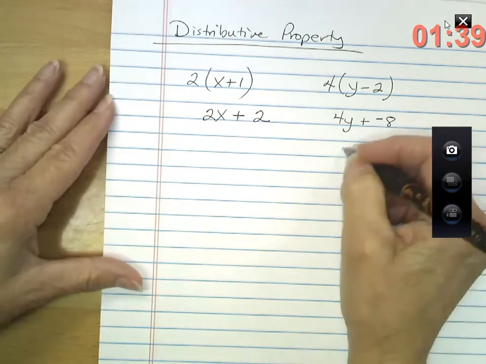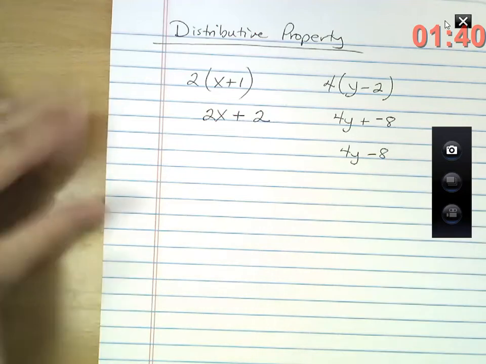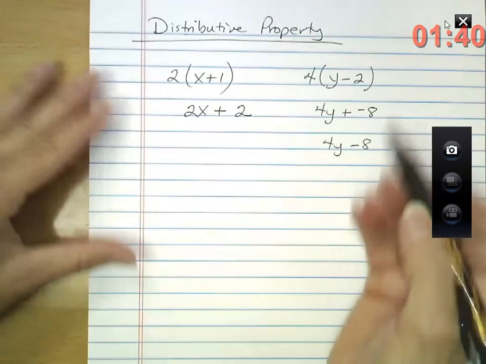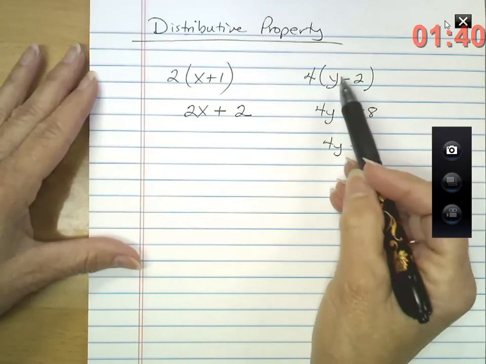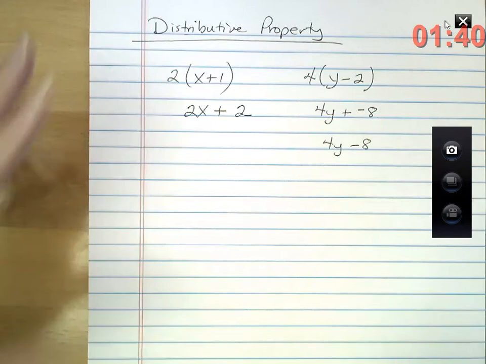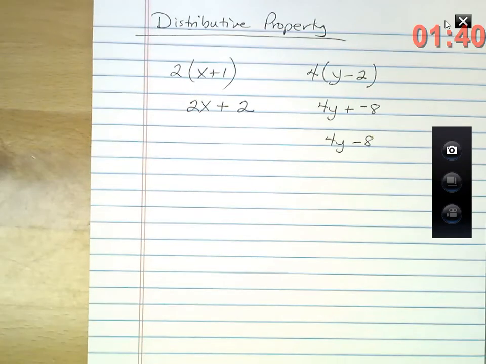This can also be written like that. It means the same thing. Plus a negative is the same thing as a negative. I always say outside times the first plus outside times the second, so that I don't make any mistakes with my negatives. And I'll show you why.